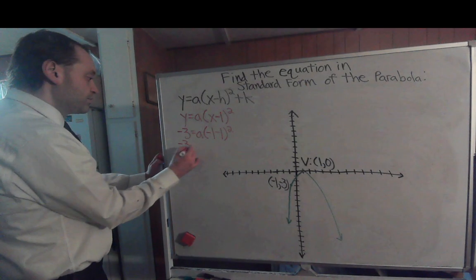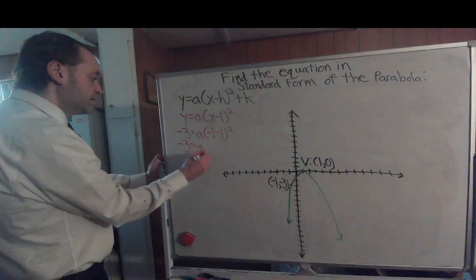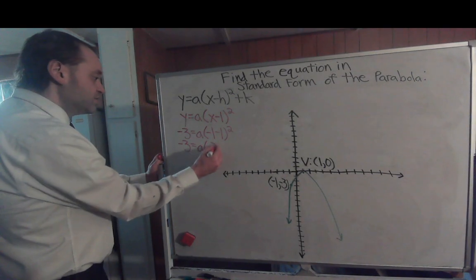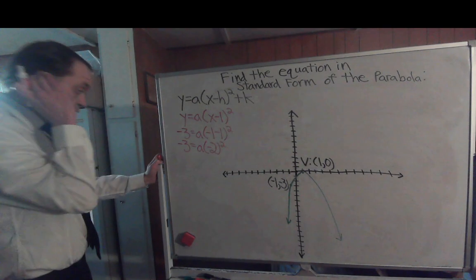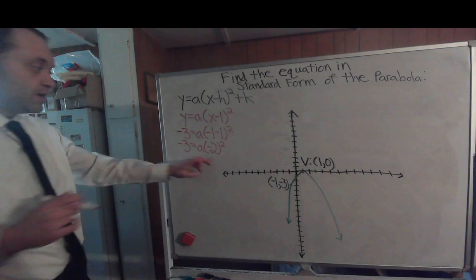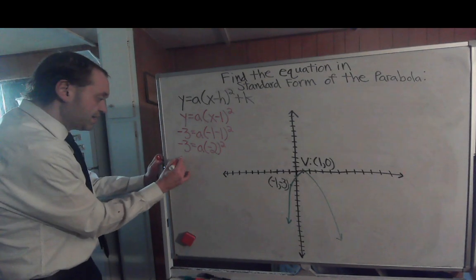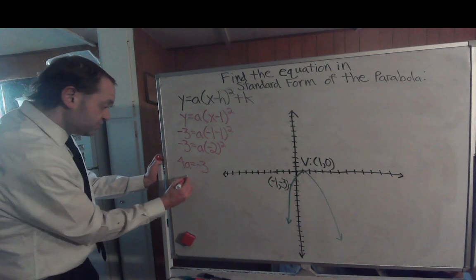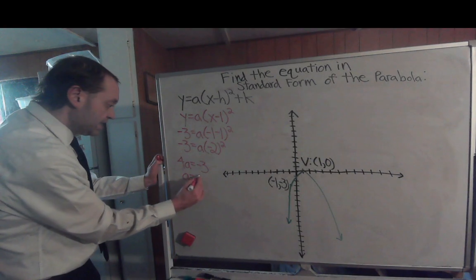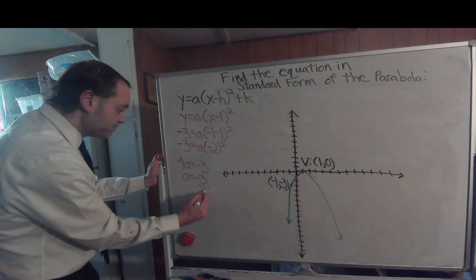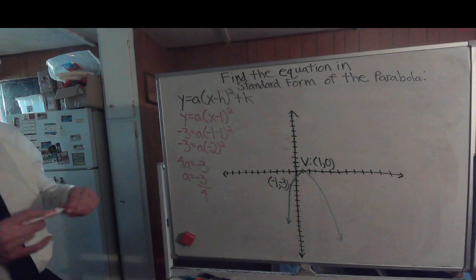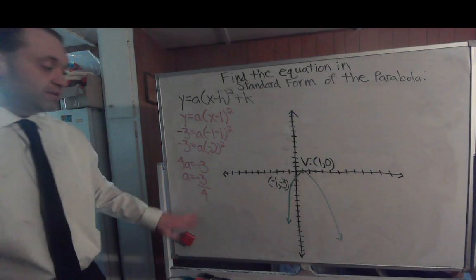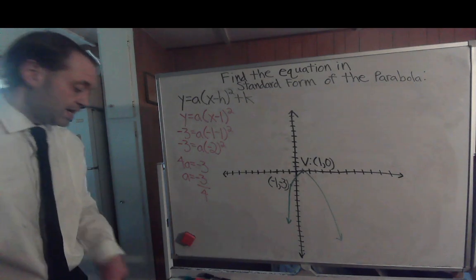So -3 would equal a times your -2 squared. Well, what is -2 squared? That's positive 4. So you would get 4a equals -3, which means a would equal -3/4. So now we found our a, we found our coefficient to be -3/4, okay?